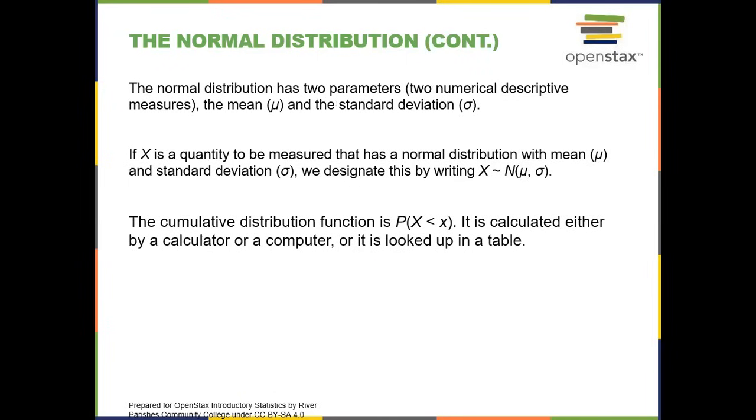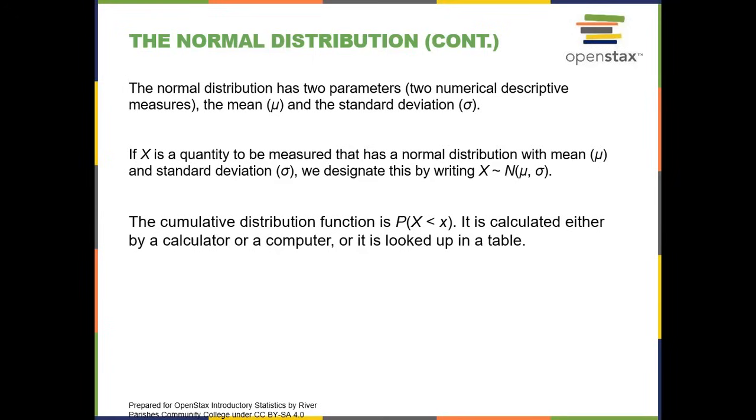The normal distribution has two parameters, two numerical descriptive measures: the mean mu and the standard deviation sigma. If X is a quantity to be measured that has a normal distribution with mean mu and standard deviation sigma, we designate this by writing X is normal with mean mu and standard deviation sigma.